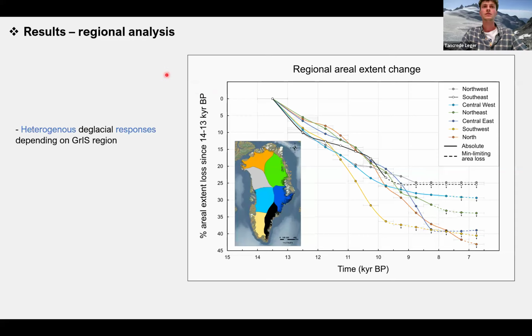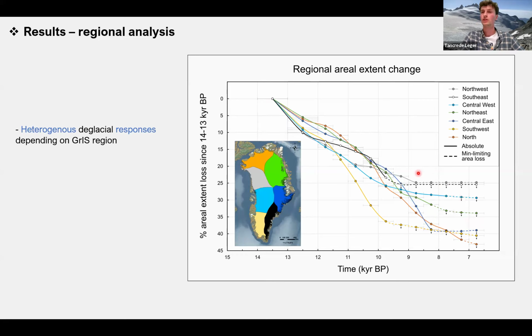What's interesting then is to start looking at individual regions. So we have some heterogeneous responses depending on which region we look at. So here you can see we've divided the Greenland ice sheet into seven major regions, classically divided by drainage basins, basically. So we have the southeast in black, southwest, central west, northwest, northeast, and central east. And what I've done is I've looked at the percentage areal extent loss for each of these regions through time for our time of reconstruction from the PaleoGIS isochrones.